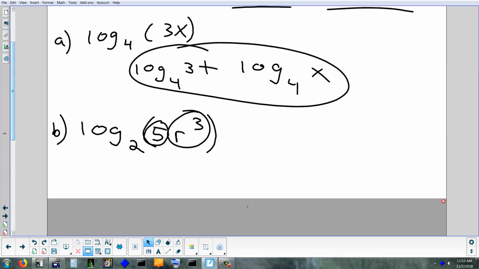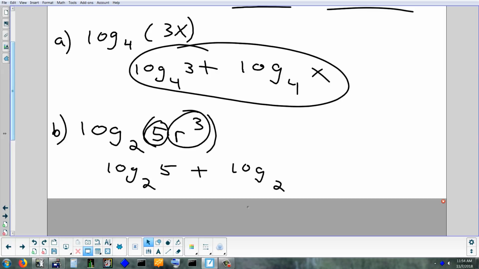Even though the second something is a little more complicated, it's still something times something. So log. Tori, my base on each log? 2. And how about Joe, what's my first argument going to be? 5. Now my second argument would be r cubed.